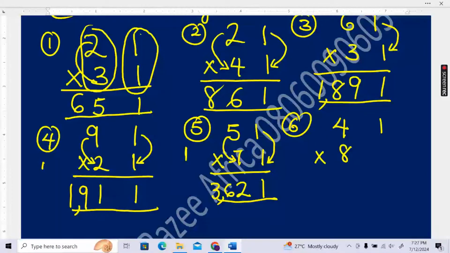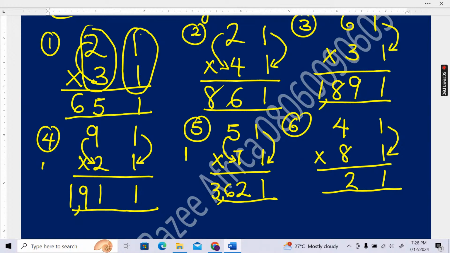All right? Now the next one. What is 41 times 81? We're going to do the same thing. 1 times 1 will give us 1. Then the next thing to be done is to add 8 and 4 together. 4 plus 8 is 12.